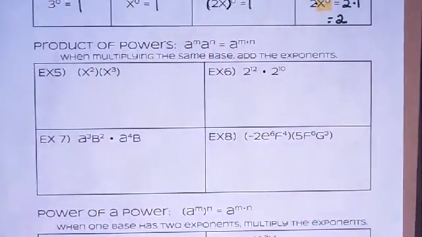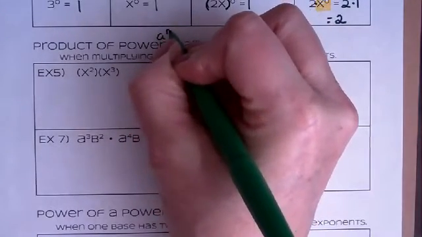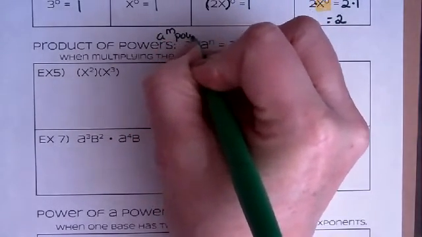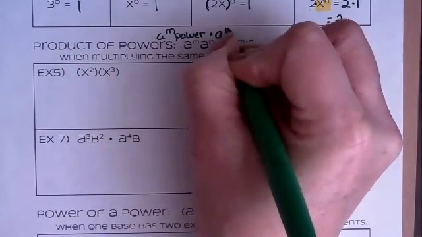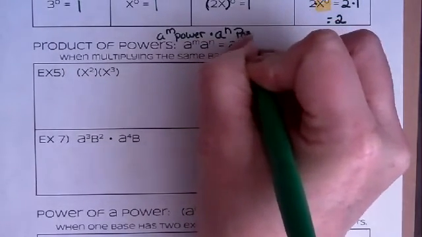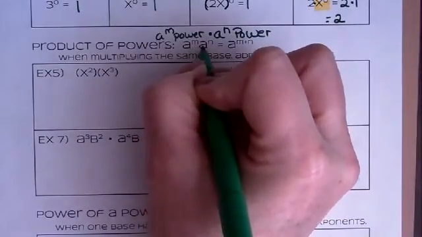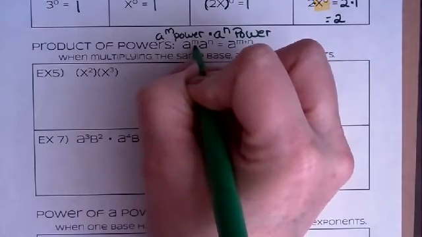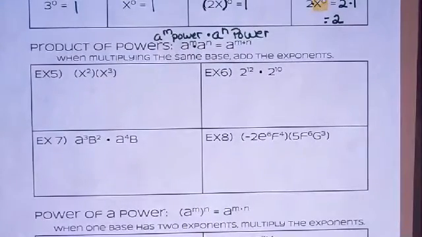The way you would read this is a to the m power times a to the n power. Okay, we have a here and a here. Now they have exponents, but we know that in between those two terms is a multiply.